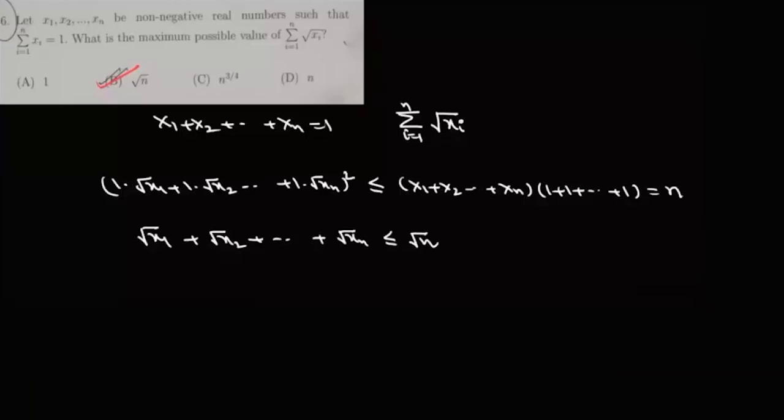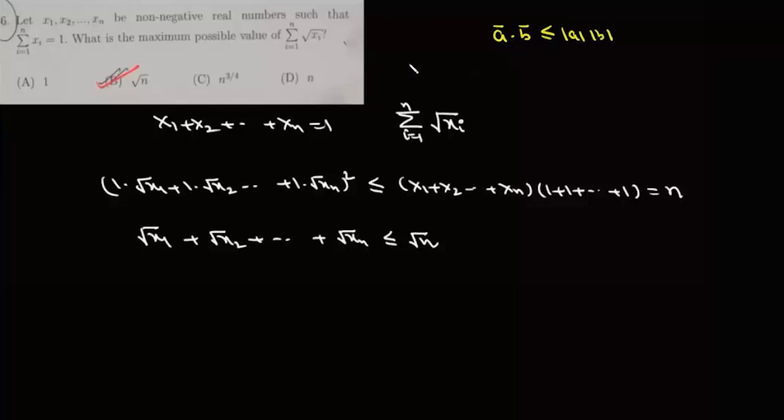Now in question number 6, we are given that the sum of all xi's is equal to 1. So there are n numbers whose sum is 1, and we need to find the maximum possible value of the sum of under root of xi, i varies from 1 to n, where x1, x2, xn are non-negative real numbers. Now in this question, we'll use the Cauchy-Schwarz inequality, and we know that vector a dot b is less than or equal to mod of a into mod of b.